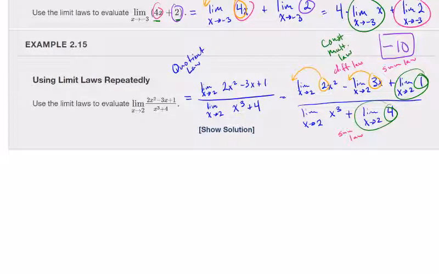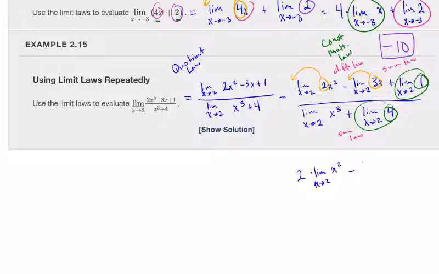So let's kind of write in what we have so far. So we're going to have 3 times the limit of x squared as x approaches 2 minus, or excuse me, I'm sorry, I put the wrong number there. This should be a 2.